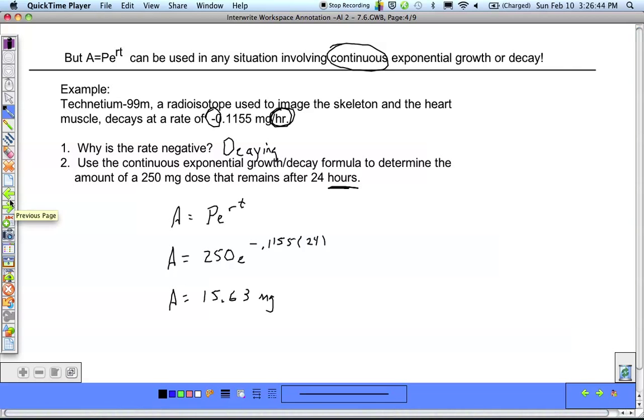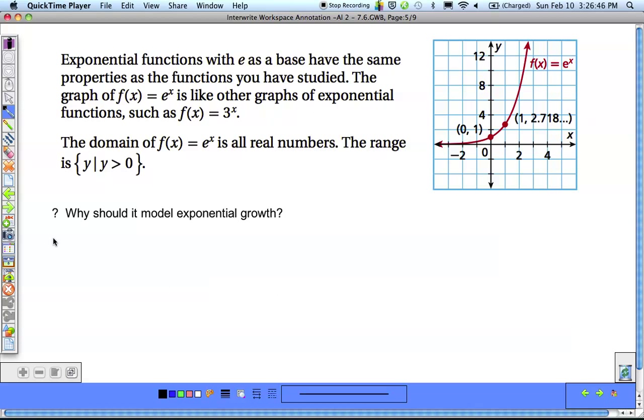Since e is just a number, we can talk about e raised to the x power as an exponential function. It's going to follow all the other properties that an exponential function has, as in it's going to cross the y-axis at 1, just like 3 to a power. It's going to have the same pattern as a growth function because e is a number bigger than 1.